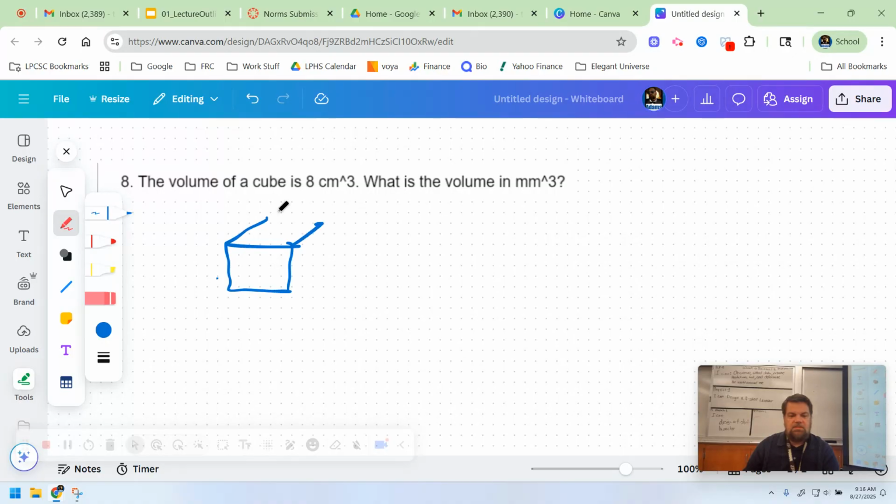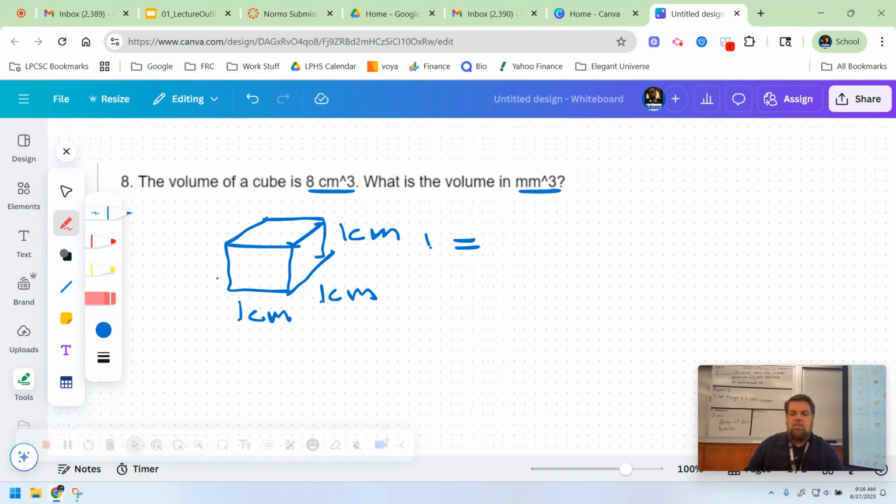Okay. And so what I need is the conversion factor, because we're given 8 centimeters cubed, and I need to figure out how many millimeters cubed are in a centimeter cubed. So remember, when we do the volume of a cube, 1 centimeter times 1 centimeter times 1 centimeter.